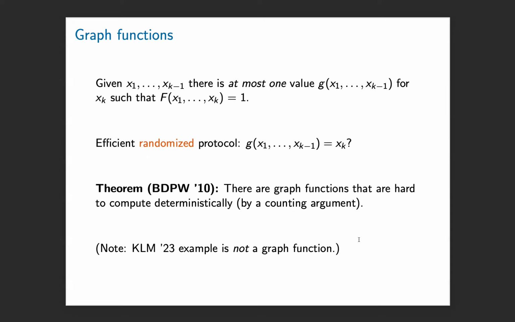That is the only value that makes the function evaluate to true, and then they just do an equality protocol to check if that's the case. And this example of Kelly-Meka is not a graph function. In fact, it's very far from being a graph function. One of the properties that they use is that if you write it as a tensor, any row or column or the other thing has many ones in it.